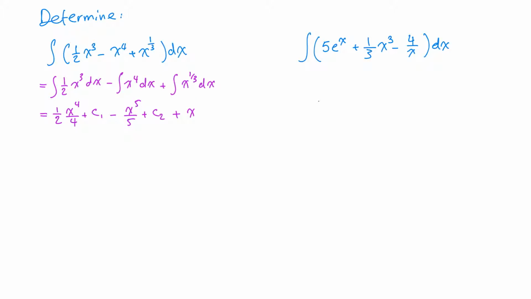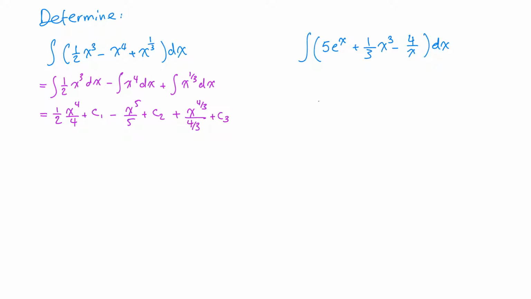So here 1 over 3 plus 1 gives me 4 over 3, and I'm dividing this by 4 over 3 as well, and plus c3.